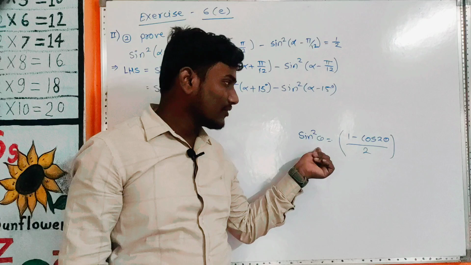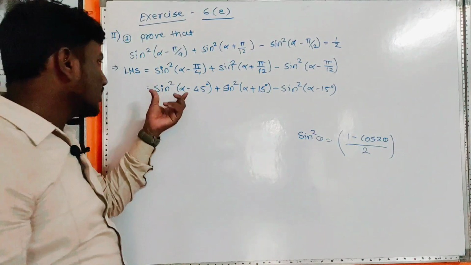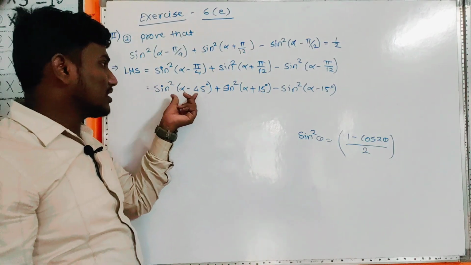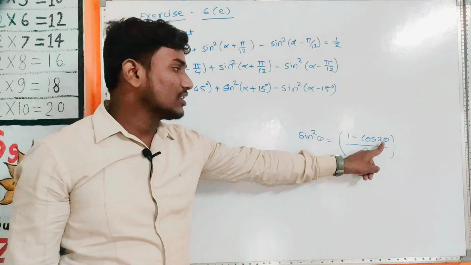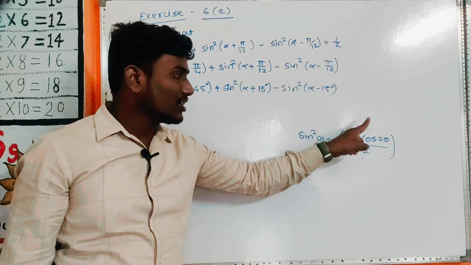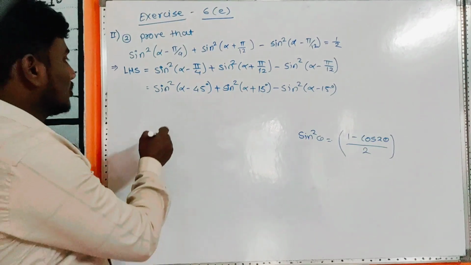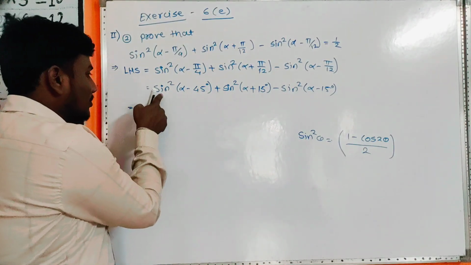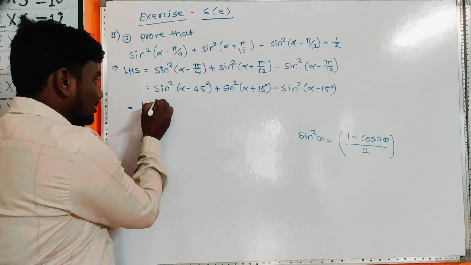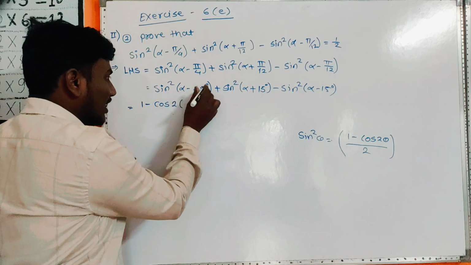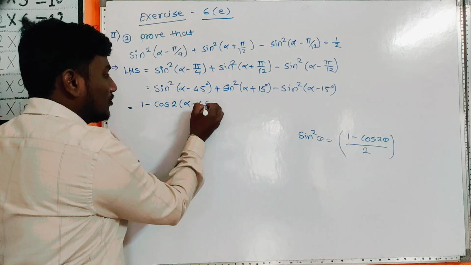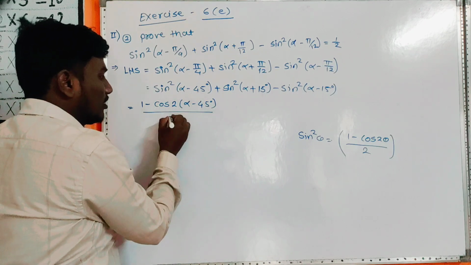This converts a single angle into the double angle, so whatever the angle is, it becomes 2 times that angle, meaning (α − 45) into 2. Here sin² θ converts into cos 2θ. Now the first one can be written as (1 − cos 2(α − 45 degrees)) divided by 2.